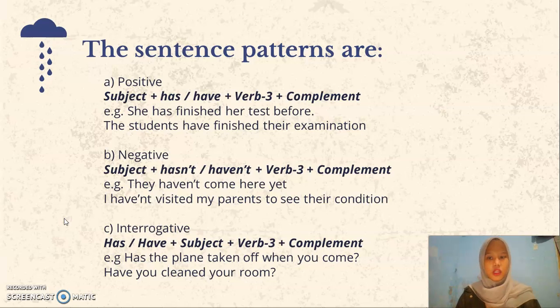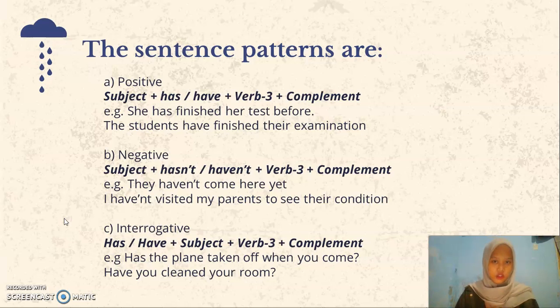For the negative one, subject plus hasn't or haven't plus verb 3 plus complement. For example, they haven't come here yet, or I haven't visited my parents to see their condition.